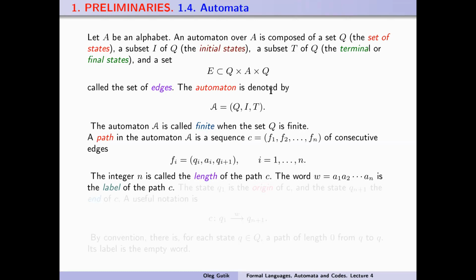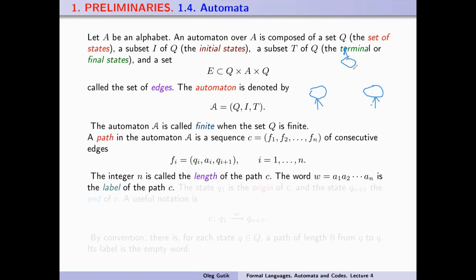What is the path? What is the automaton? We have the states Q. We have an initial state, a start state, with an entrance to it, and here we have terminal or final states.